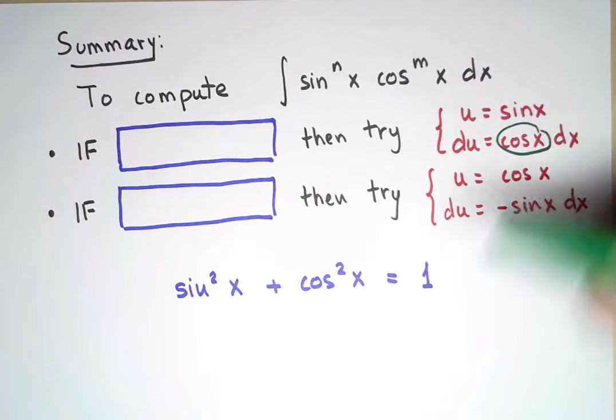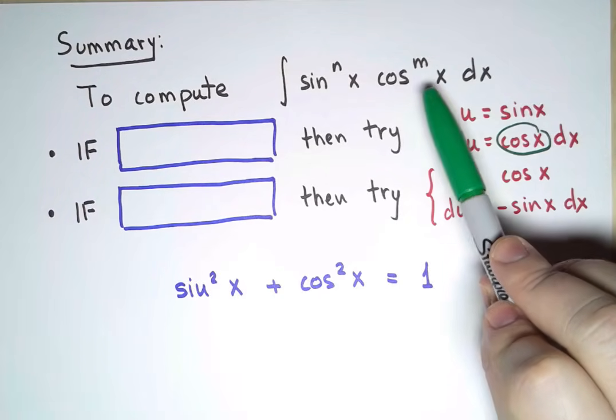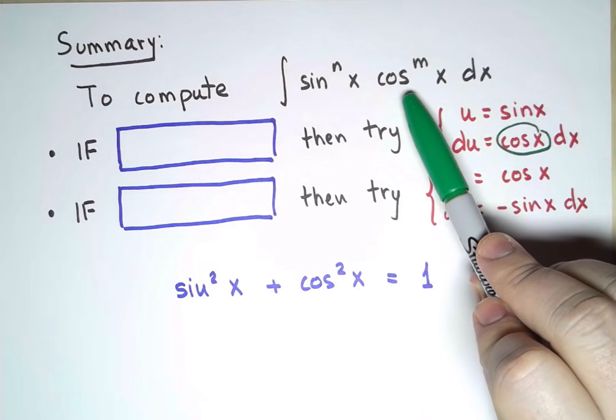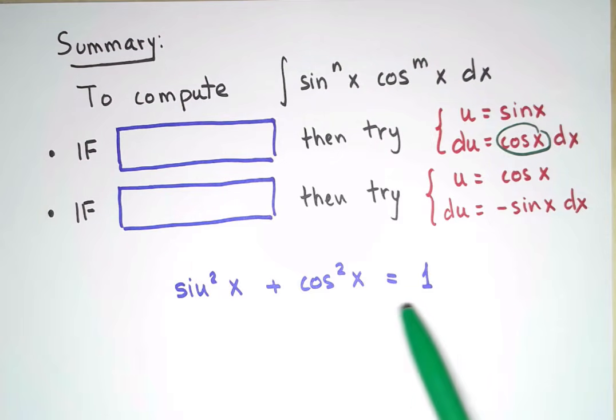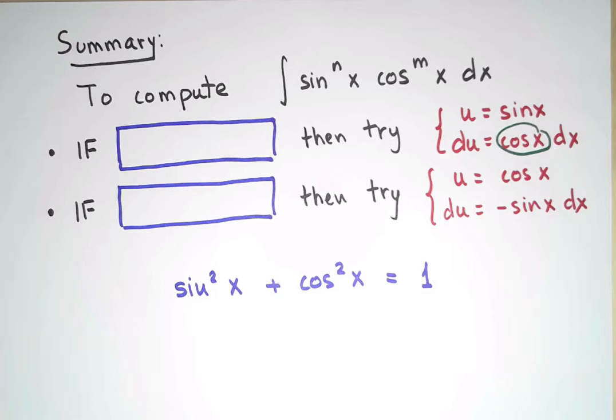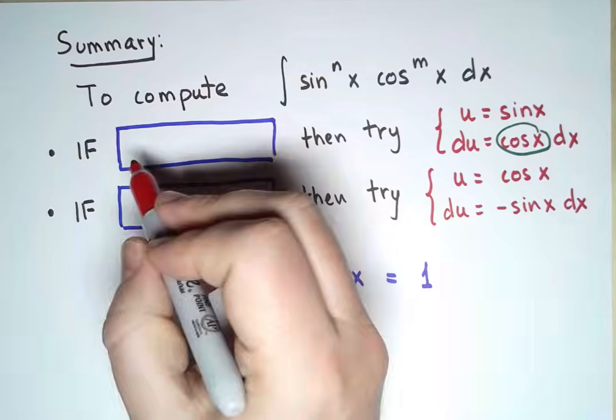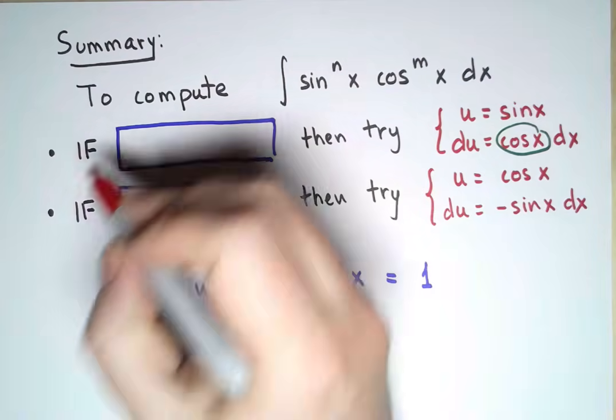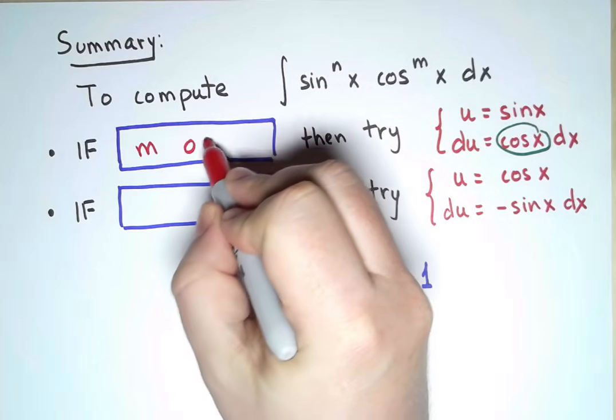So I separate one cosine out of here, and the remaining cosines I have to transform into sines using the main trig identity. For that to be easy, I want to have an even number of cosines, a multiple of 2. So after separating one cosine, I want an even number of cosines left. In other words, this is a good idea whenever m is odd.